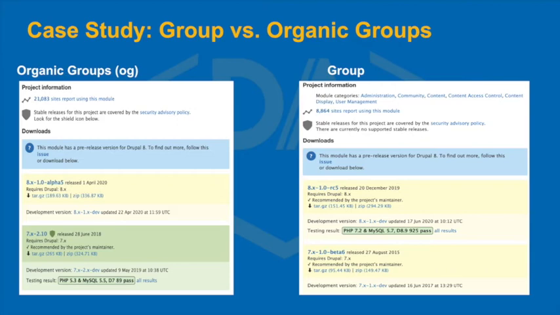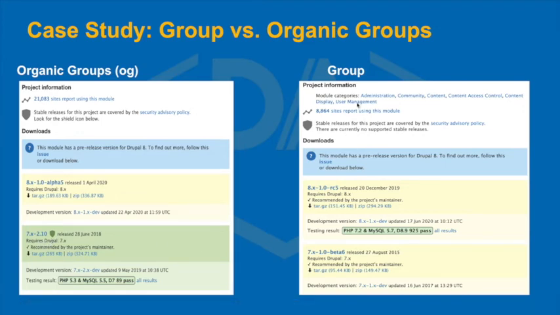We see organic groups on the left and group on the right. Organic groups has a little bit more than double the amount of installations. They have an alpha release for Drupal 8 and a stable release for Drupal 7.